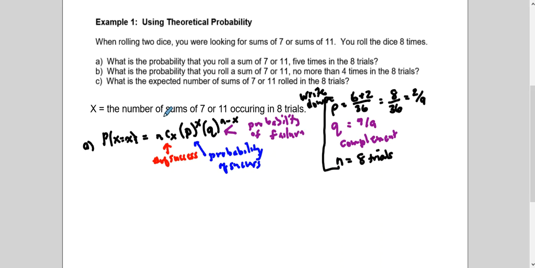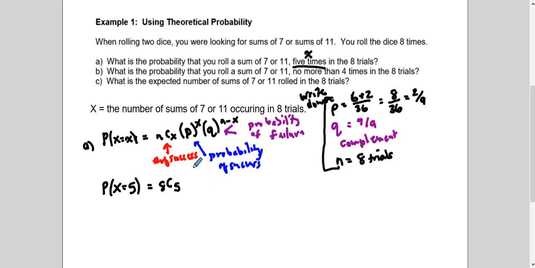Okay, so if I went back to my question, we said, what's the probability that you roll a sum of 7 or 11 5 times in 8 trials? That's my little x. So when we go back to this, we're looking for 5 successes. Okay, so how many times did we have success? Well, in the 8 trials that I had, I chose 5 successes. That's the first part.